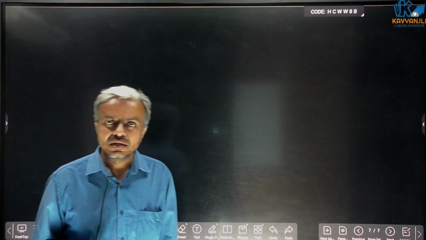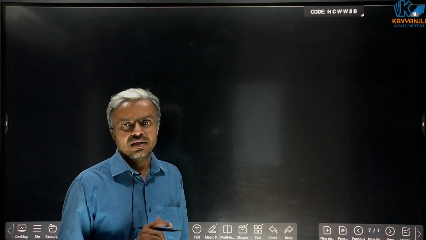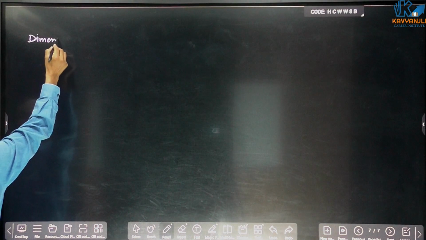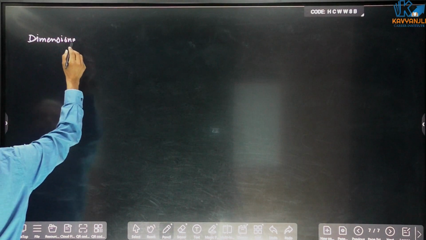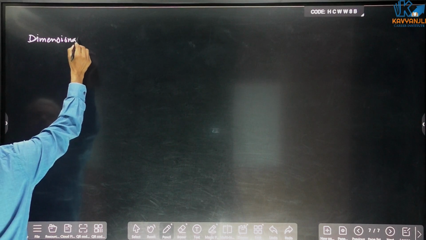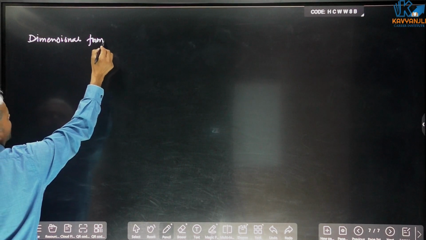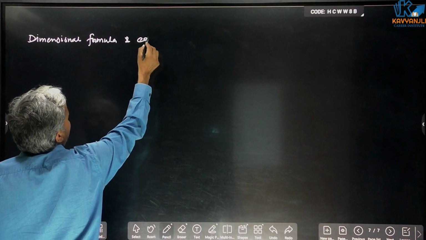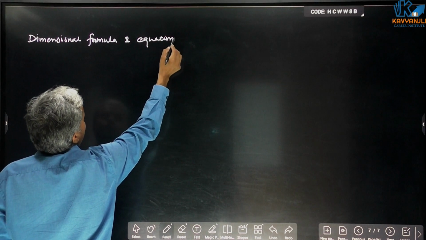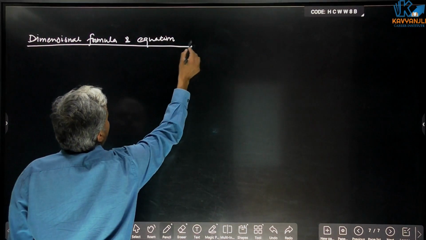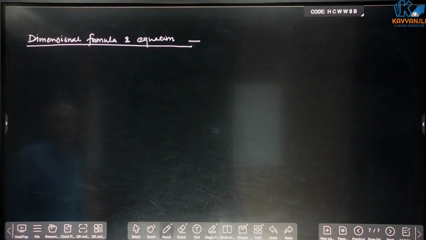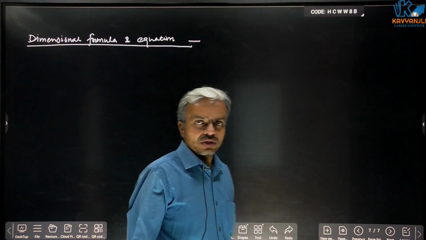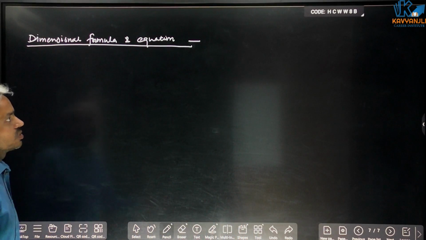The next topic is dimensional formula and equations. So what are dimensions and what are dimensional formulas, and how are dimensional equations created and used?